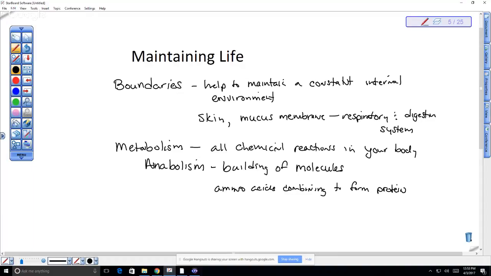Okay. The opposite of anabolism, does anybody know what the word is? Catabolic, yes. So this is catabolism. And this is breaking down. And probably the most important catabolic reaction that we do is what is referred to as cellular respiration.